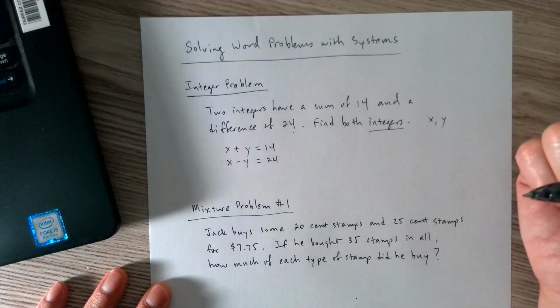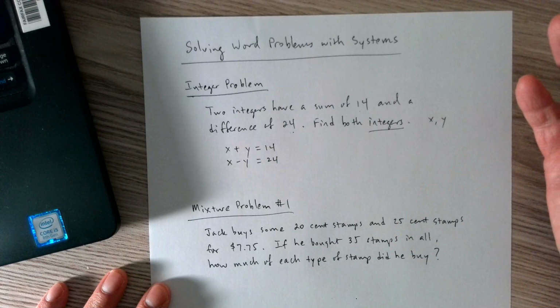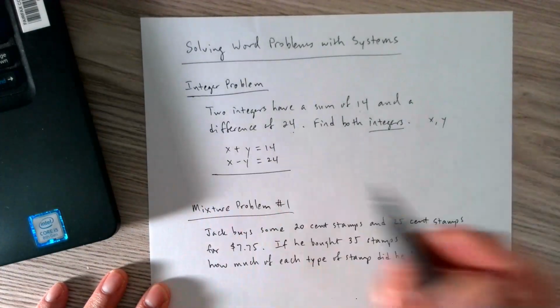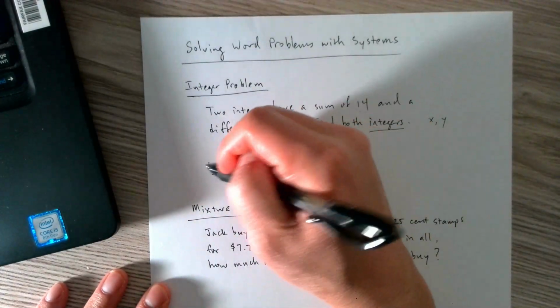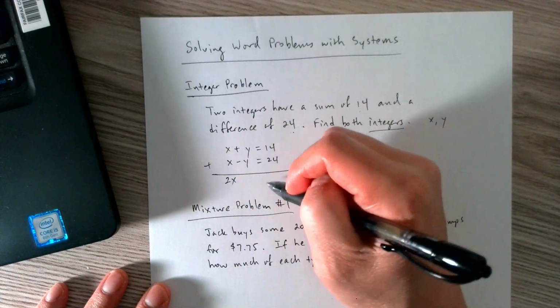I can choose whether to use substitution, elimination, or determinants. I'll do this one by elimination, or linear combination. So I'll go ahead and add these 2 equations. Y is eliminated.